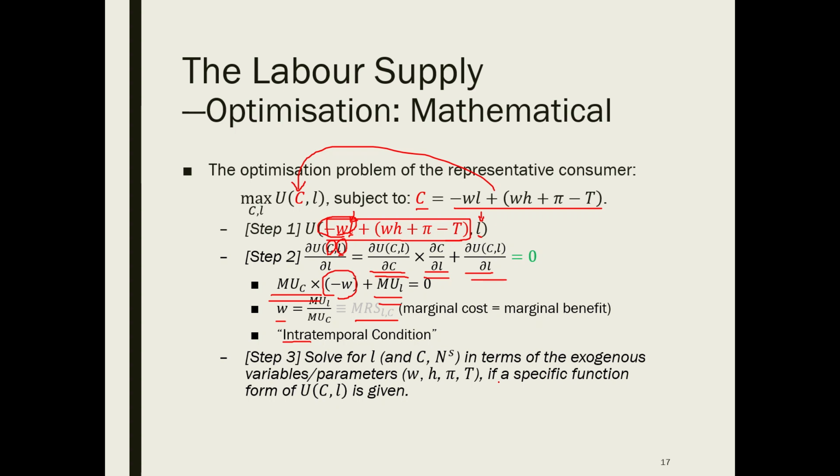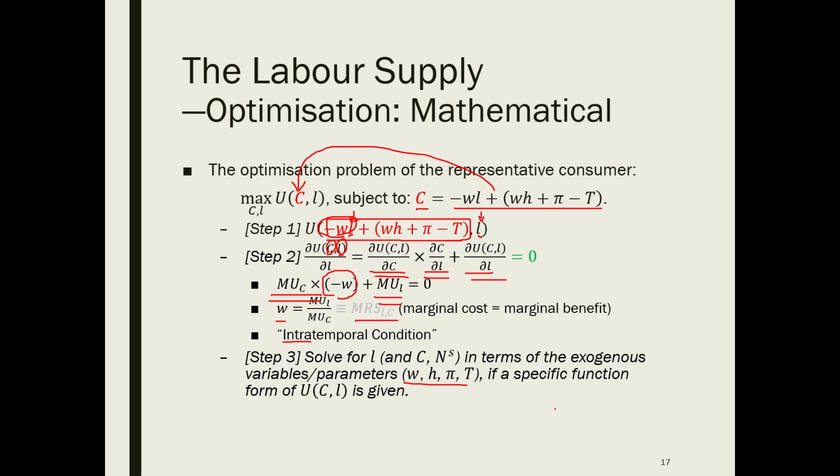In the solution, we express each endogenous variable like leisure, labor, and consumption only in terms of exogenous variables and parameters like W, H, pi, T, and so on. If there are two endogenous variables in your solution, then this is not yet solved. In the solution, only exogenous variables and parameters are used to express each endogenous variable.